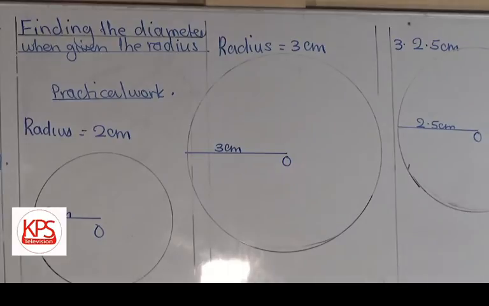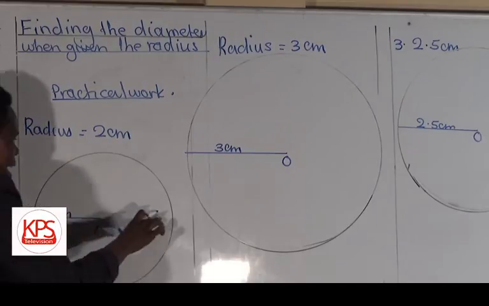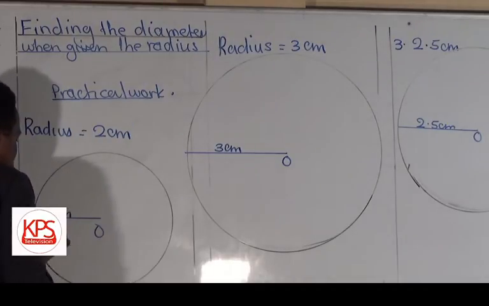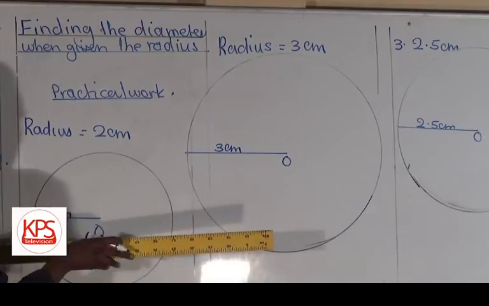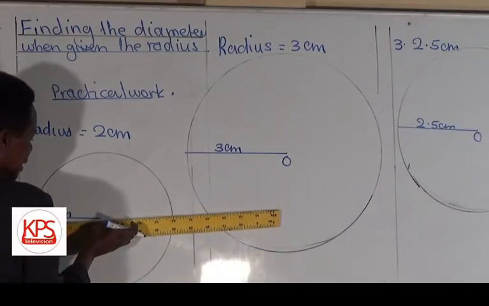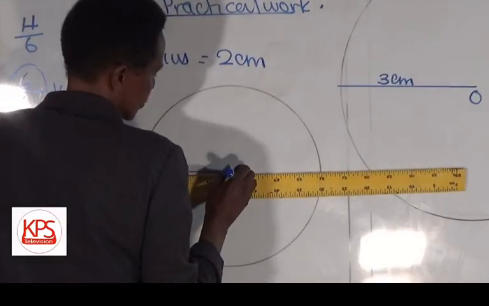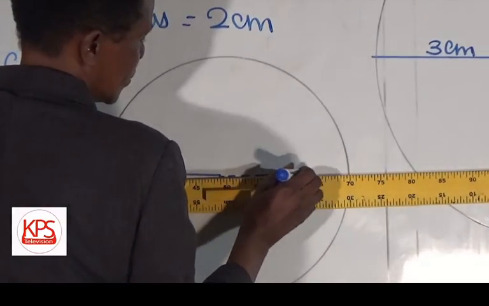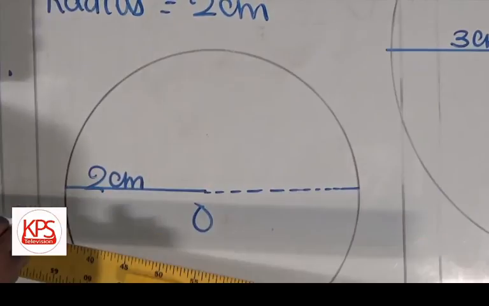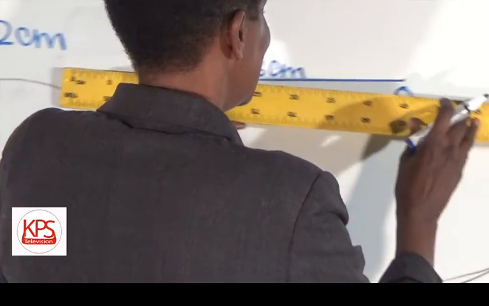Now for us to draw this from one part of the circumference to another part of the circumference through the center, we shall have brought in the diameter. There I use the dotted line.